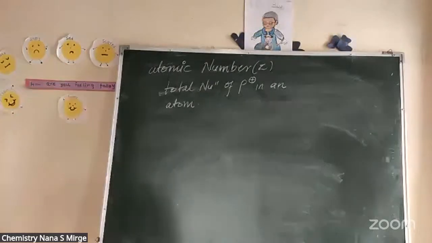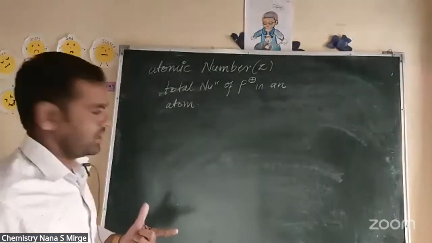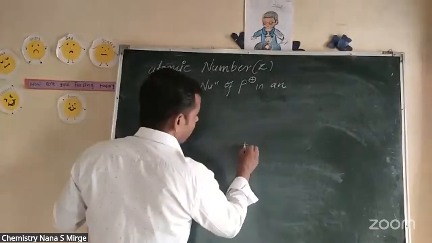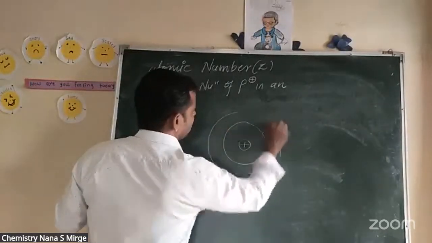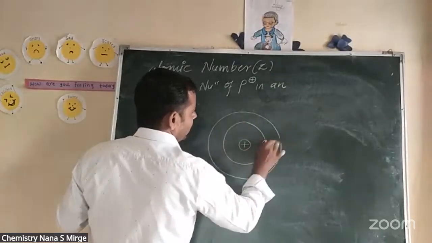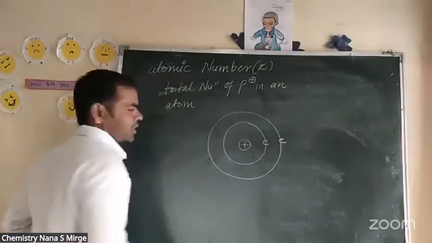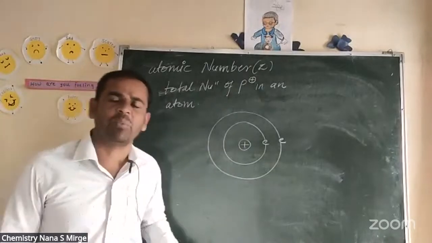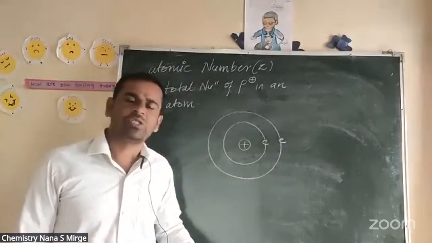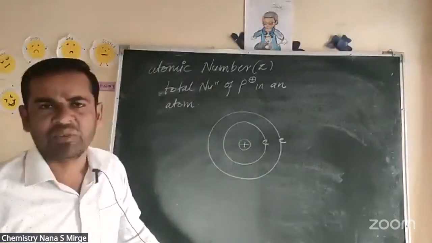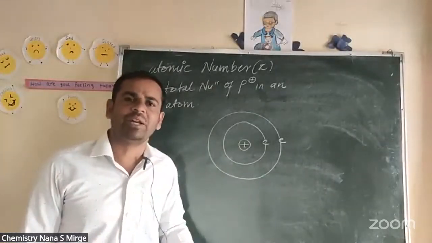So the proton is there, which is a positive center, and there is an electron. It is a picture of an atom. Inside the nucleus there are protons, and the proton number decides the atomic number of any element. Suppose hydrogen has only one proton, so its atomic number is 1.